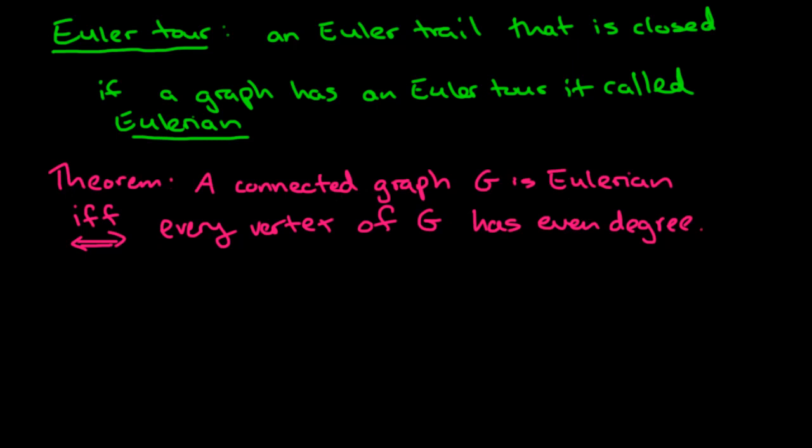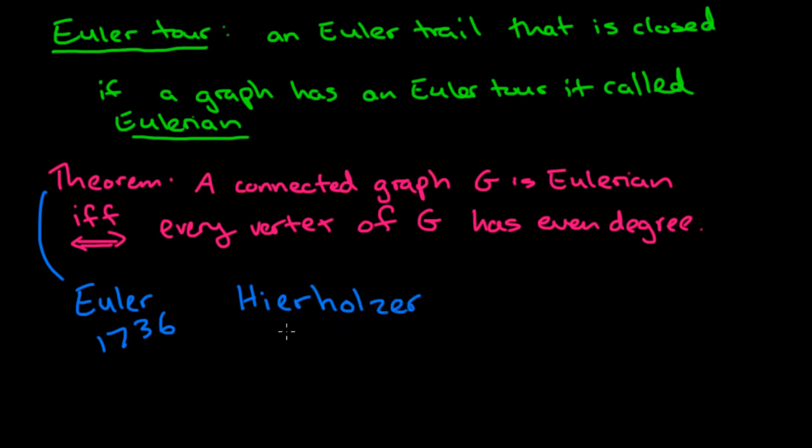So this theorem was actually done in part by Euler himself. That was from 1736, but the full proof of this theorem was really given by the following mathematician, Hierholzer, I'm probably pronouncing it wrong, in 1873. So quite a long time passed before a full proof was given, but Euler did have the basic ideas for this.